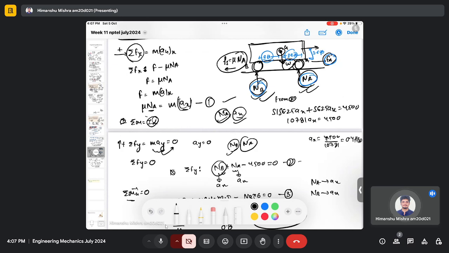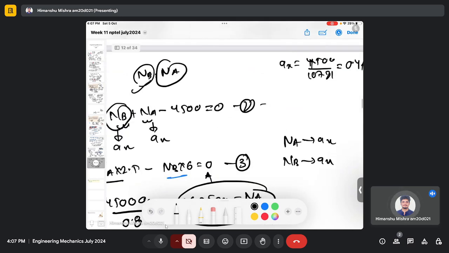So once I got AX, you can see that we have defined the relation between NA and AX, NB and AX. So once I got AX, I will get NA and NB.